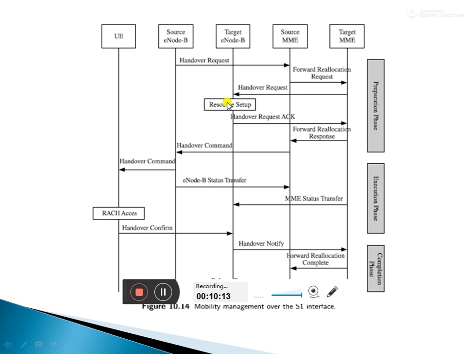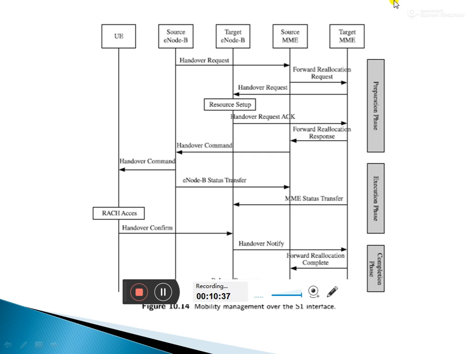In the mobility management over the S1 interface, according to this figure, the user equipment is there, then the source eNode B, meaning what sources are available, and the target eNode B, the source mobility management and the target mobility management. How will the process take place?